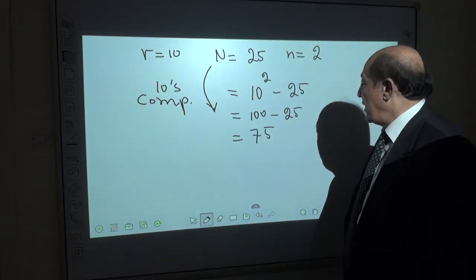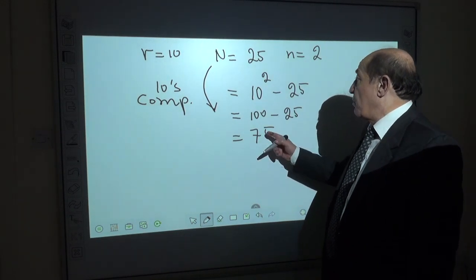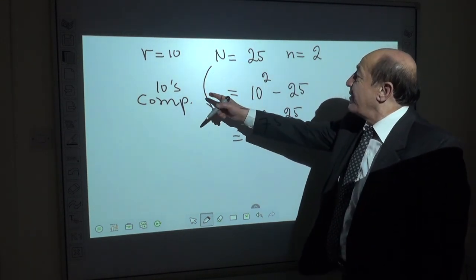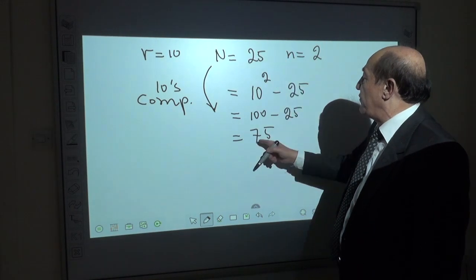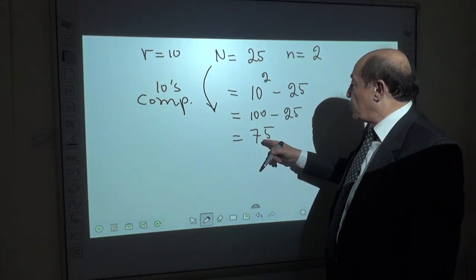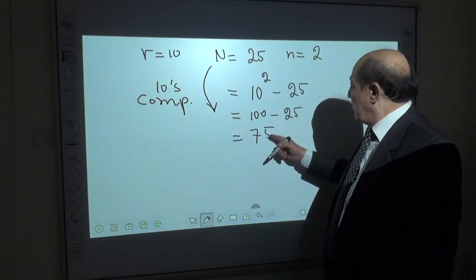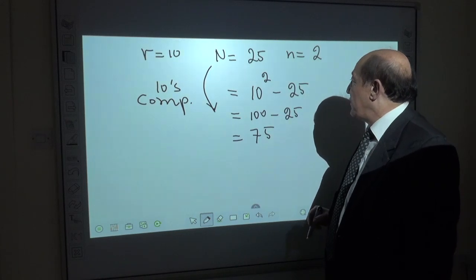In the last screen, we found out that the 9's complement of 25 is 74. If you add 1 to 74, then you get 75.